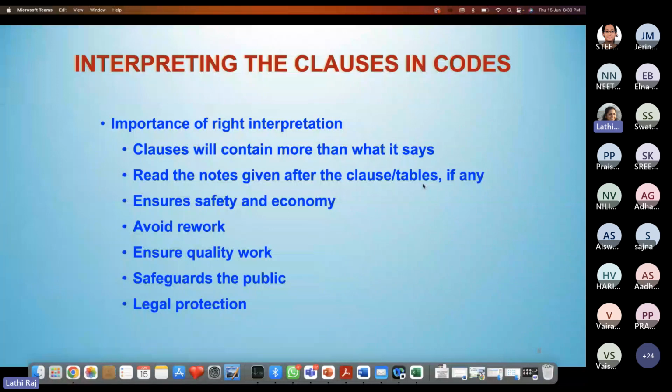It is for sure. It ensures safety and economy. It avoids rework. It ensures quality of work. It safeguards the public and it gives you legal protection. All these things are repeating only, but these are some of the positive sides of rightly interpreting the clauses.